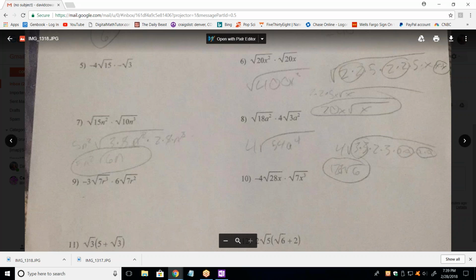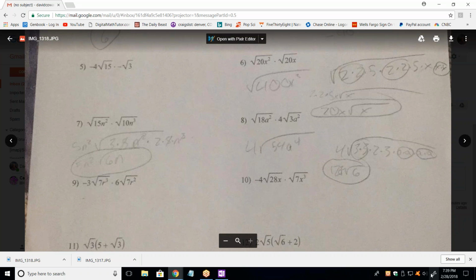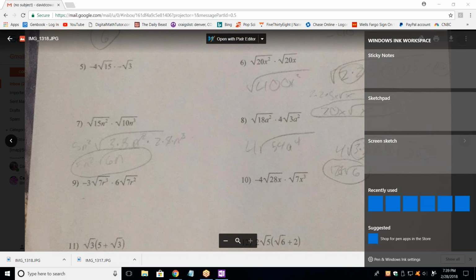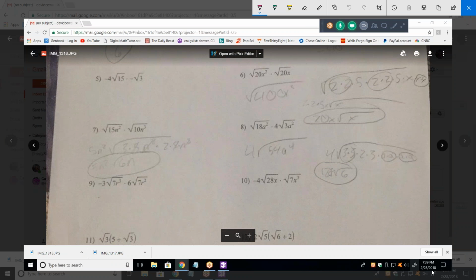What is that? 20. Square root of x times square root of x is x, no matter what x is. So again, I don't even need to take it up to square root of 400. That just complicates it. Because then I got to figure out what the square root of 400 is.